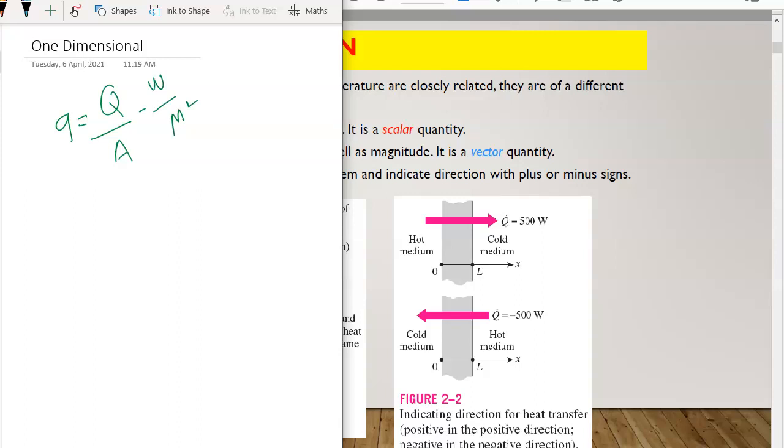This is heat flux. Q dot is joule per second, which is equal to watt. This is Q dot, joule per second. If it is Q only, this is joule, J.